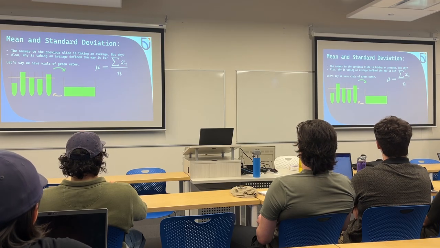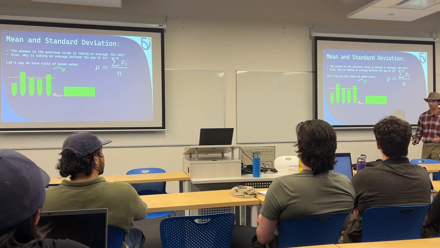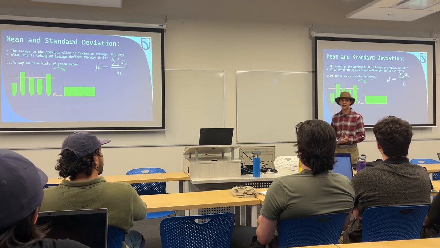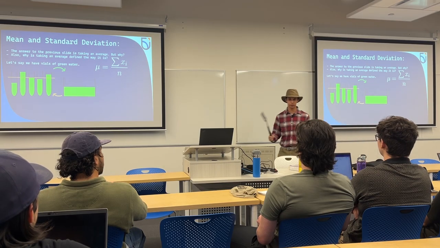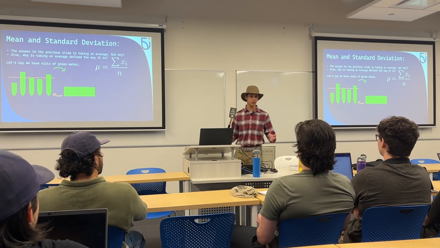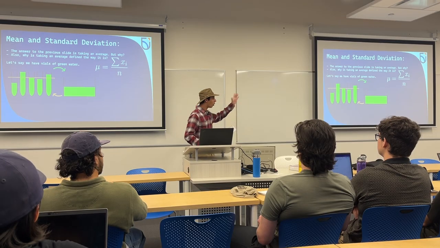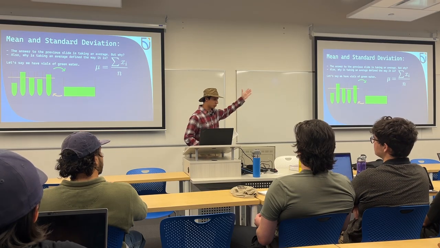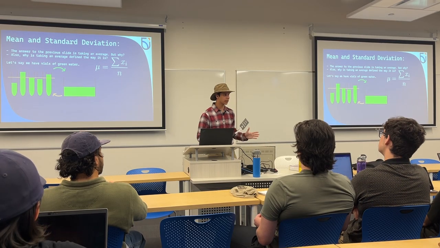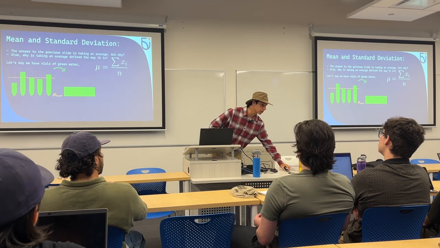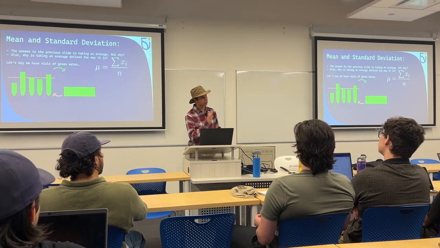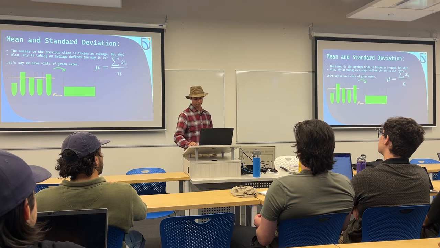So what we're really doing when we average something is we're looking at the long-term behavior of our measurement. Because the average doesn't tell you anything about how poorly the spread of water is. It tells you nothing about that. But what it tells you is, well, if you do this enough times, you're going to get about this number.